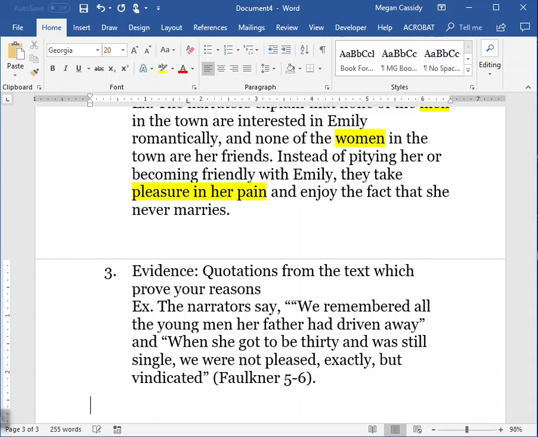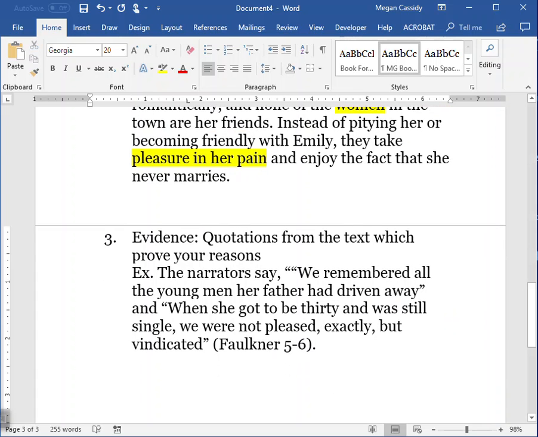So here is, again, a little bit of a difference in a literary argument. And you have another piece after the evidence, and that is called the analysis.